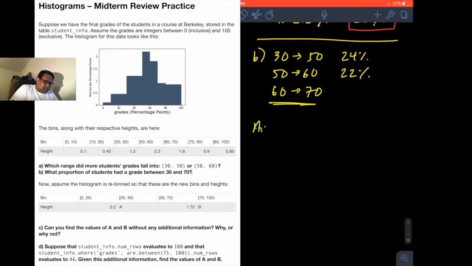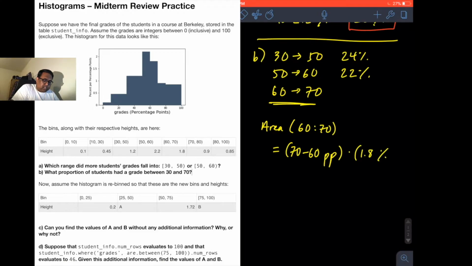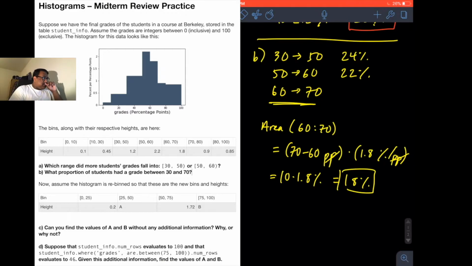So the area of the 60 to 70 bar is equal to the width, 70 minus 60 percentage points, times the height, which we're given to be 1.8% per percentage points. And so that's 10 times 1.8%, which is 18%, which tells us that 18% of students had a grade that was between 60 and 70.